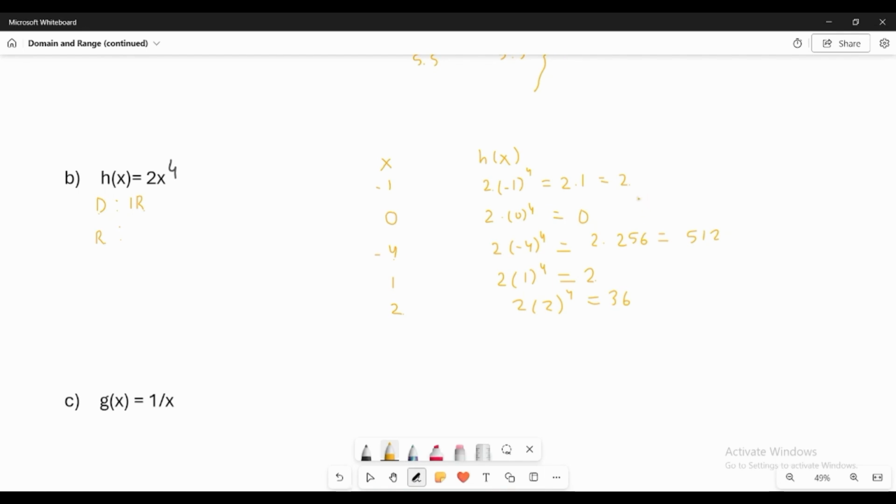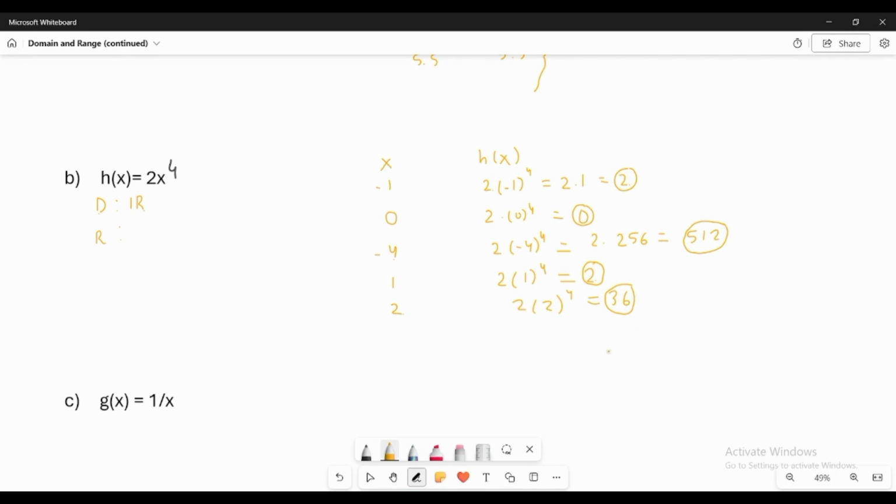Now what you must be seeing here, that every time we are getting the answer as equal to 0, right? Or greater than 0. So you can see here that other than 0, all our outputs are always positive. Now the output can never be negative here.